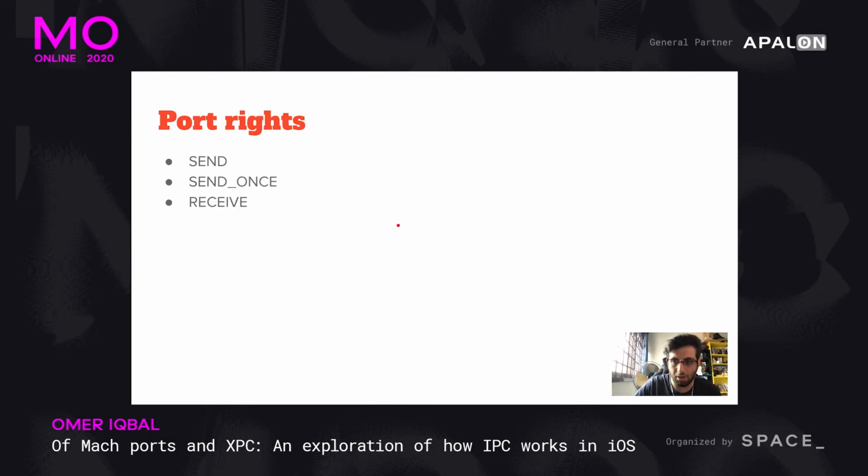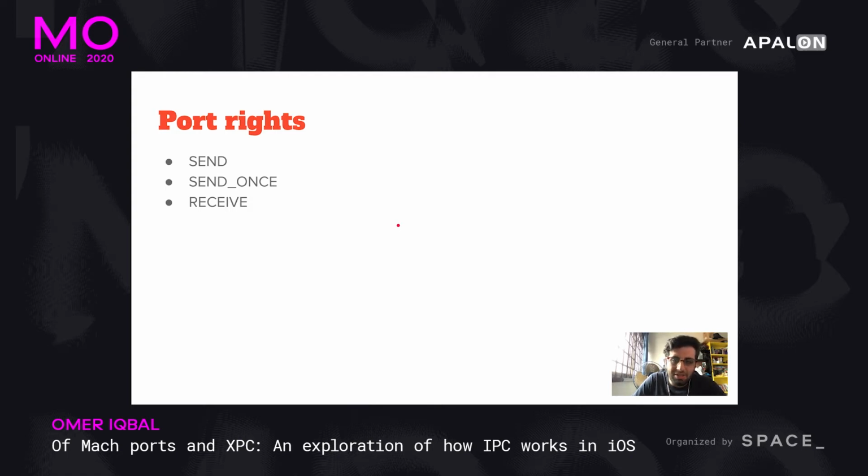And that brings us on to the discussion about port rights. When you have a port, you have associated rights with that port. As a port user, you can have a send right to that port, meaning that you can send messages to that port basically. Or you might have a receive right, which means you can receive messages from that port.